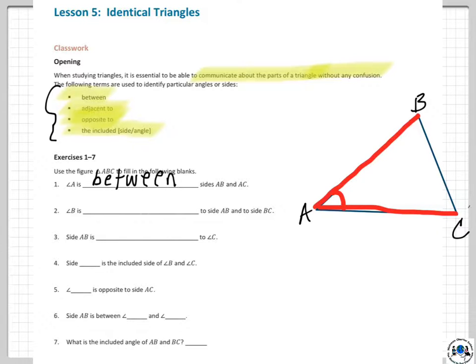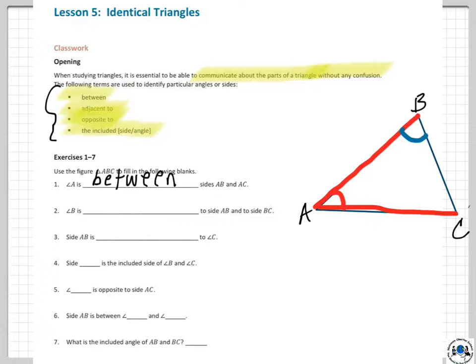Now angle B. Here's angle B, I'll just do it in a different color. We're going to really fill this up with color here.